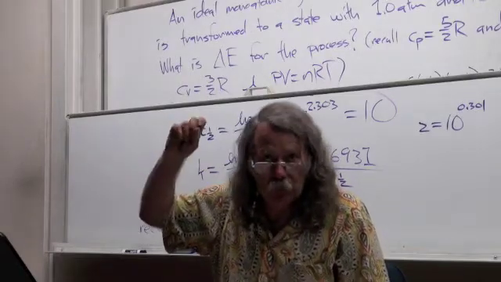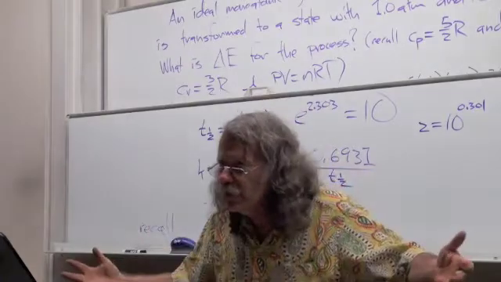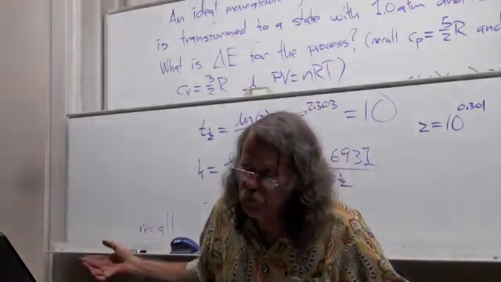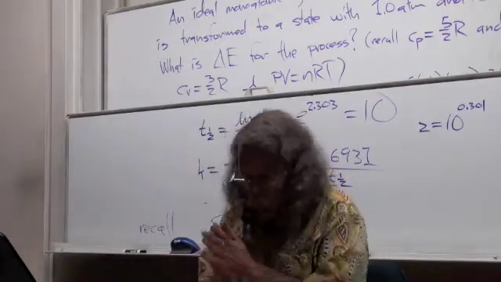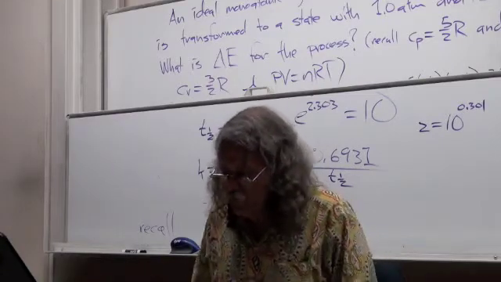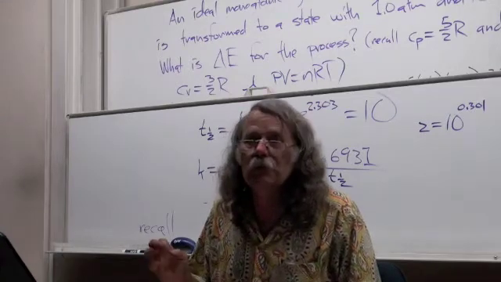The natural log of 1 is 0. Because R and T have to be positive. R is a constant. And T, in Kelvin, is positive as well. So, that question is a really good question. And it's true.